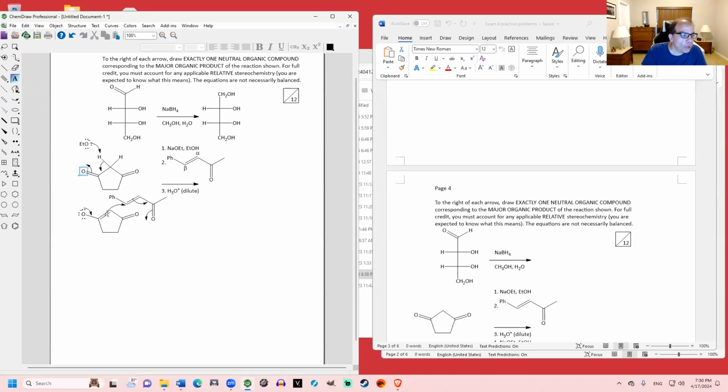And the new bond forms between this carbon, that carbon there, and that carbon.